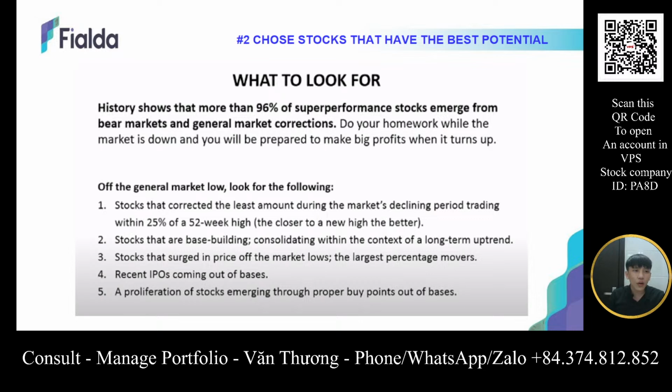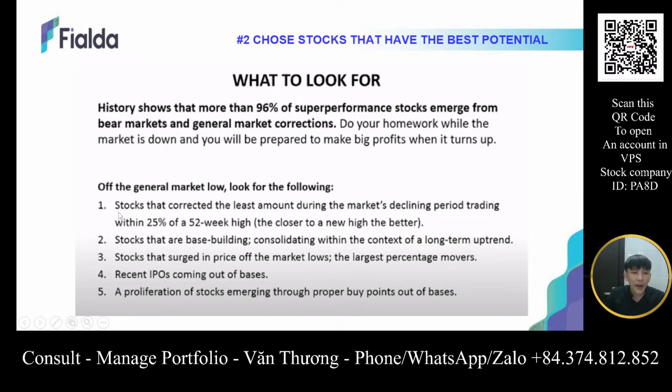Maybe the company faces some challenge, or the company has some problem, or the fundamentals deteriorate. Okay, so these are the five types of stock I'm going to look for.